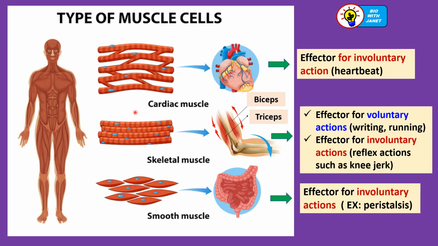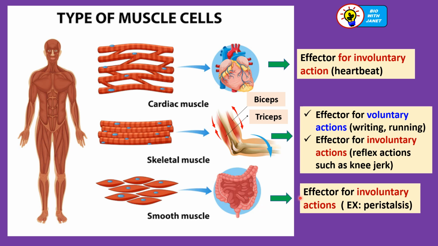Now here we revise the three types of muscle tissues or cells. Cardiac muscles are found in the heart, and they are the effectors for involuntary action, that is the contraction and relaxation of the cardiac muscle, which causes the heart to beat. Another effector for involuntary actions are the smooth muscles. For example, the smooth muscles found in the small and large intestine and in the stomach and esophagus.